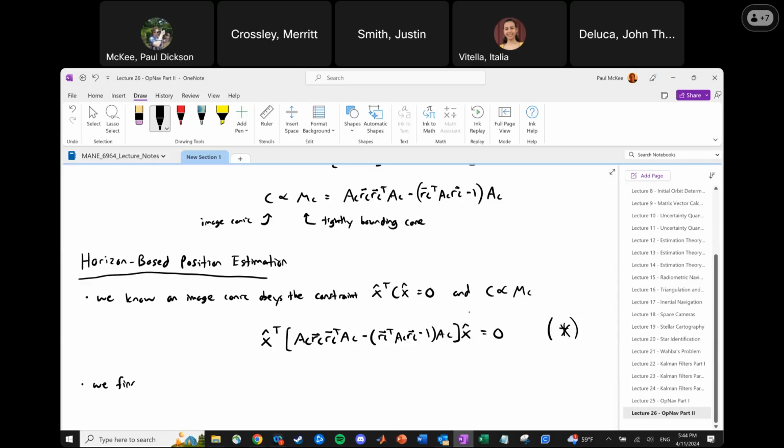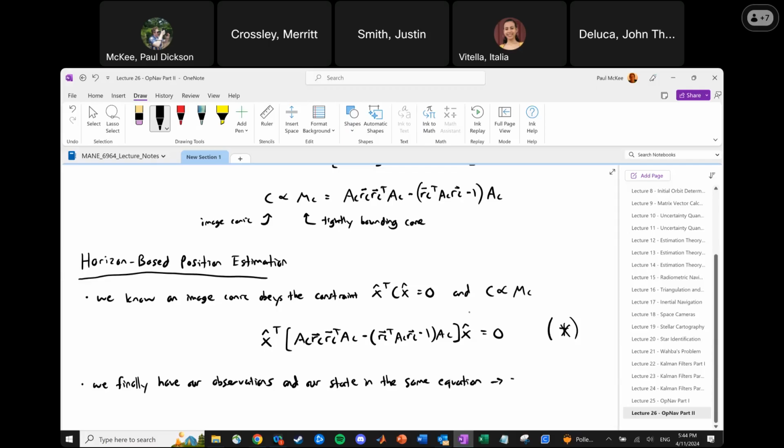We finally have our observations and our state in the same equation. So as navigators, we know that the battle is more than halfway won at that point.